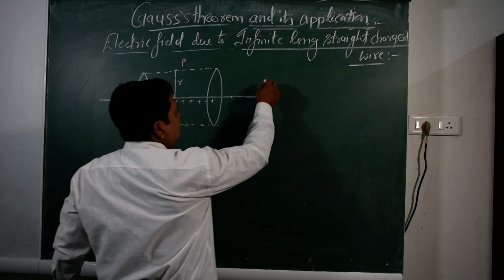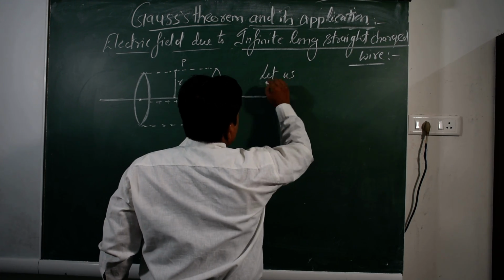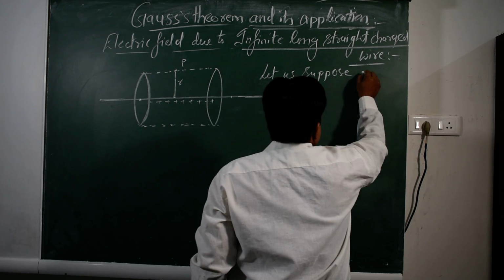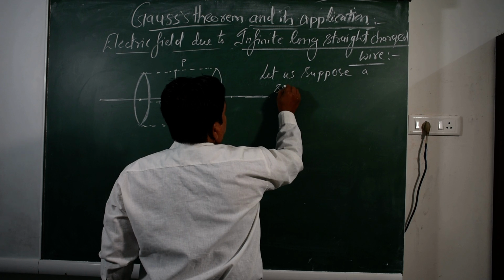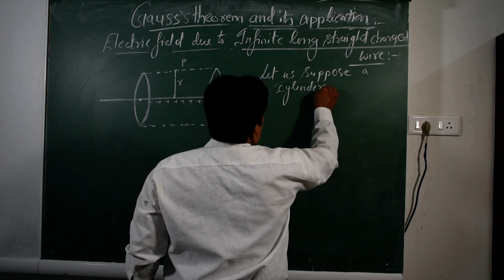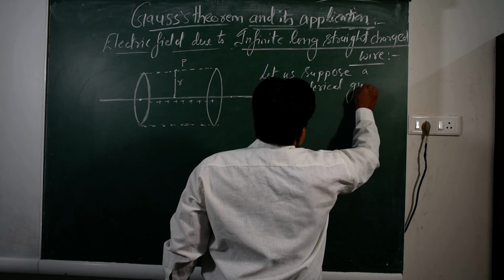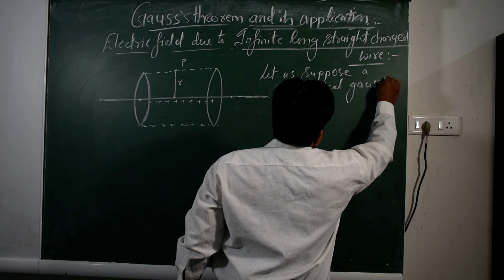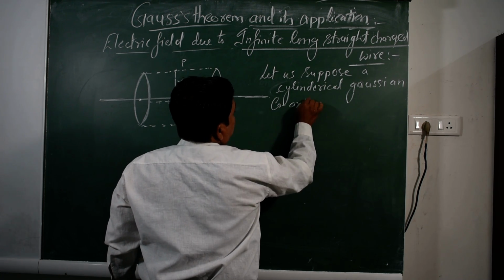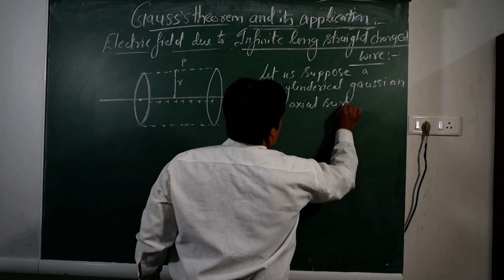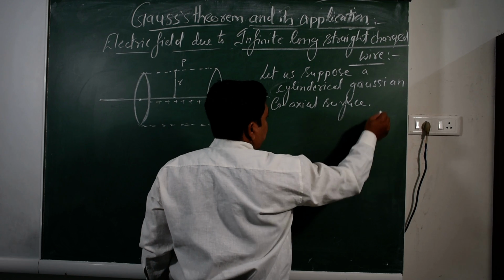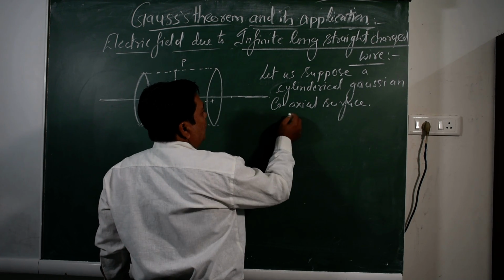So let us suppose a cylindrical Gaussian coaxial surface through point P.